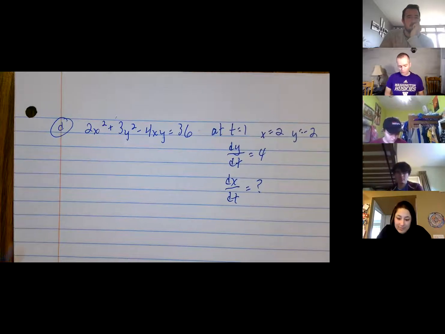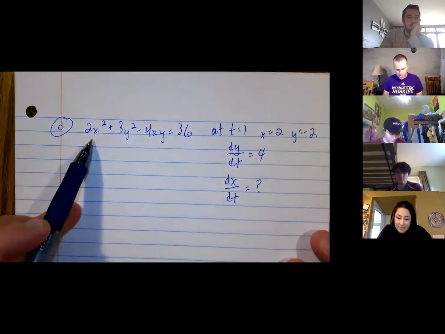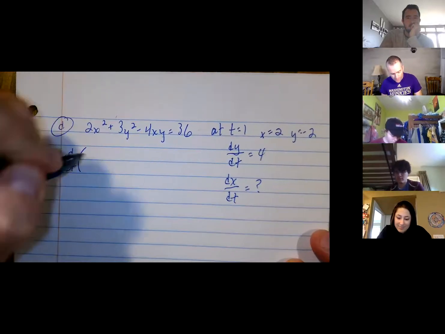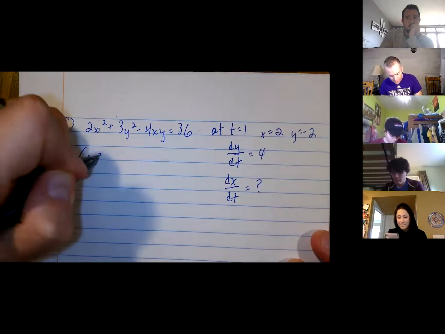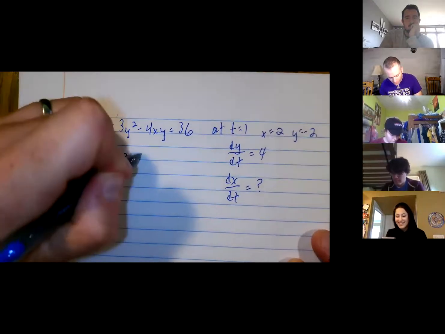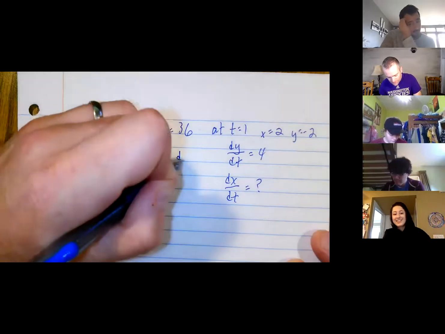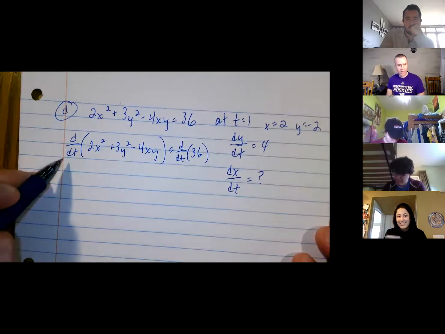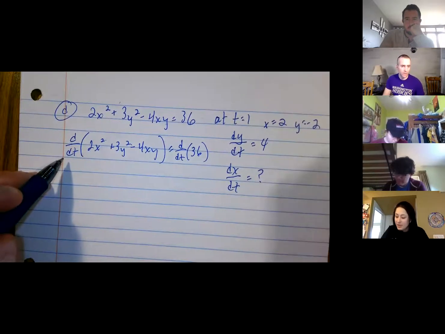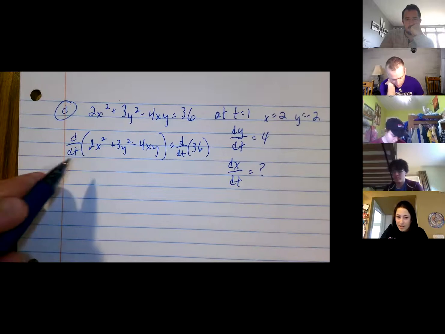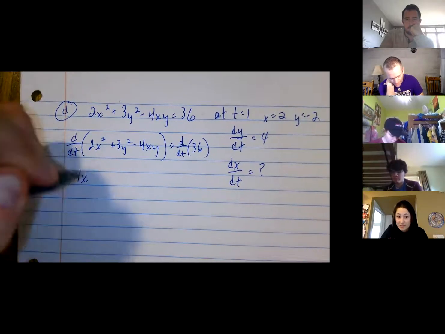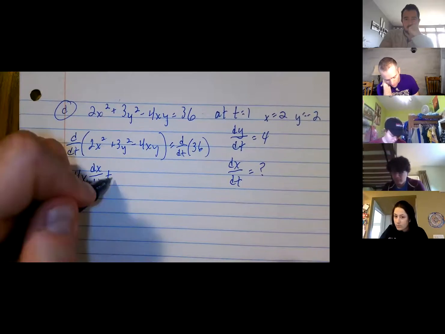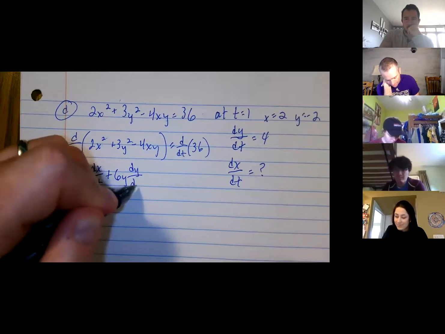The first way is to take the derivative of both sides with respect to t. So you're going to take d/dt of 2x squared plus 3y squared minus 4xy equals d/dt of 36. The derivative of 2x squared with respect to t is going to be 4x dx/dt, plus the derivative of 3y squared, which would be 6y dy/dt.